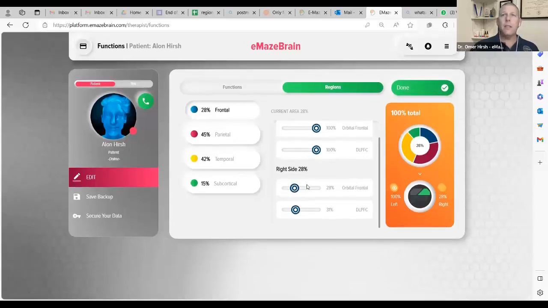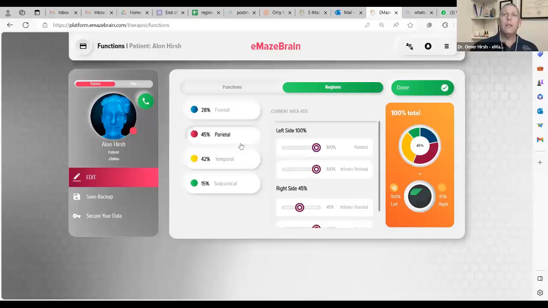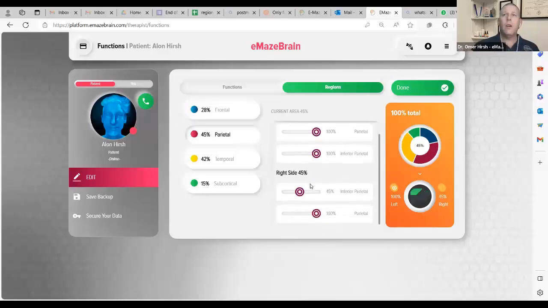So in this case, if I look at the frontal lobe, I decided that I want most of his games to go to the right side because he's weaker on the right side. So I put his right side lower, and I can make it more inferior parietal versus just plain parietal.